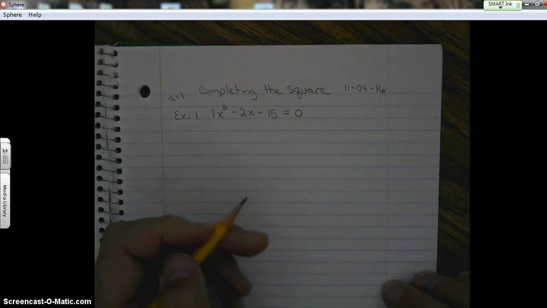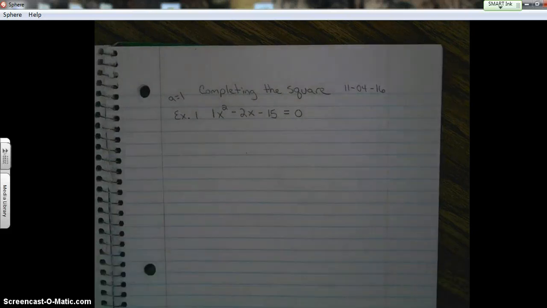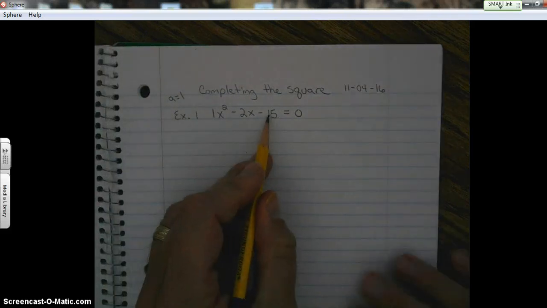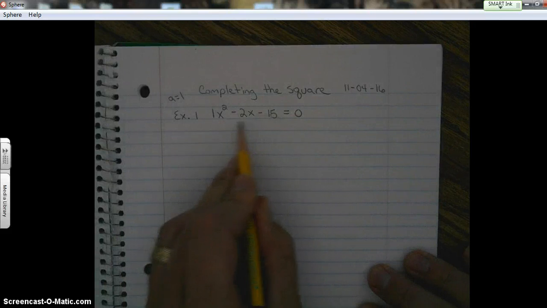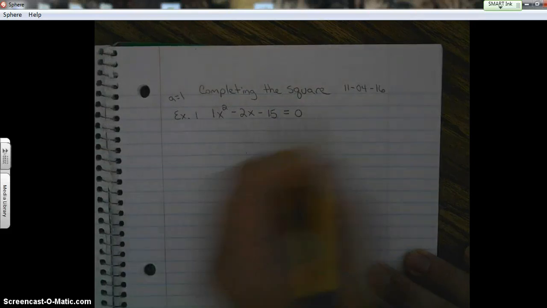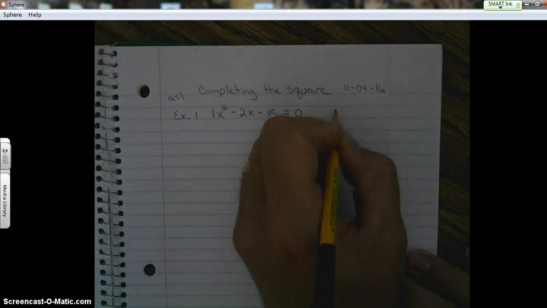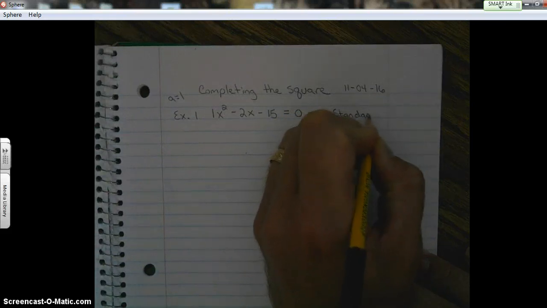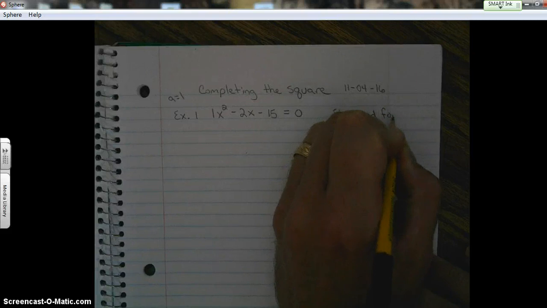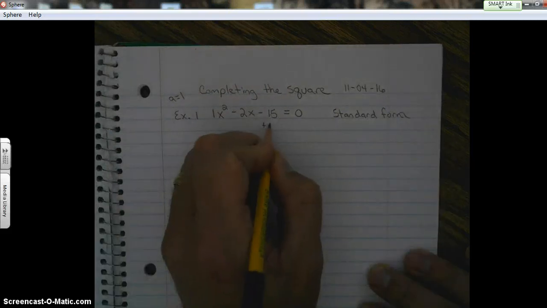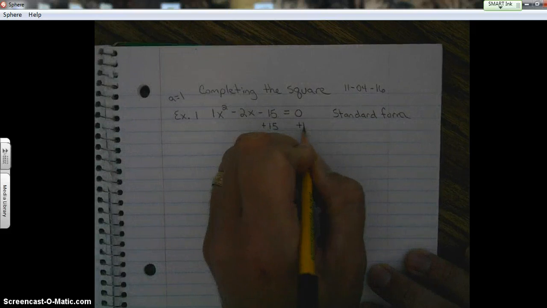So to make it a perfect square, first step that we're going to do is move the constant to the right side of the equation. Right now, this is a quadratic equation in standard form. And that's where we want to begin when we do this process. So let's move the constant to the other side.